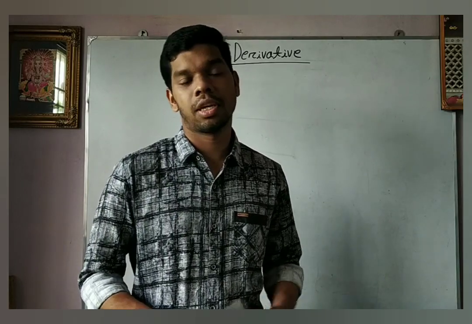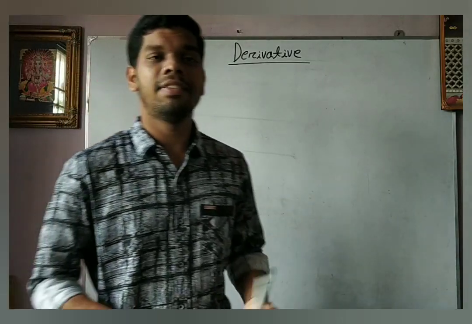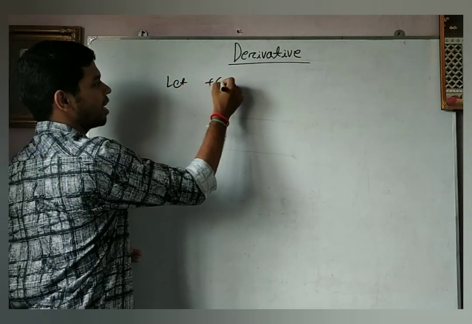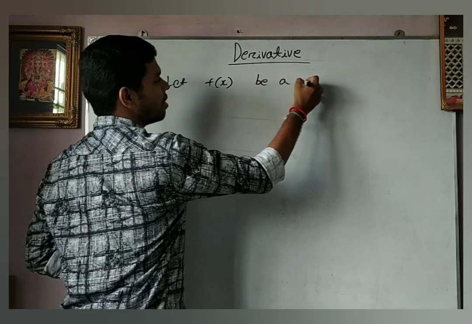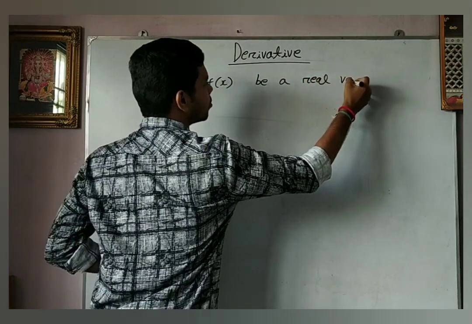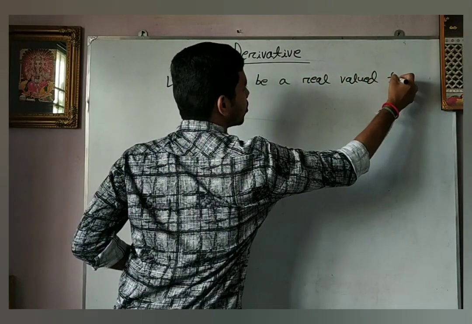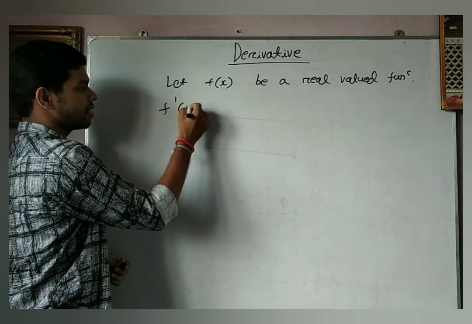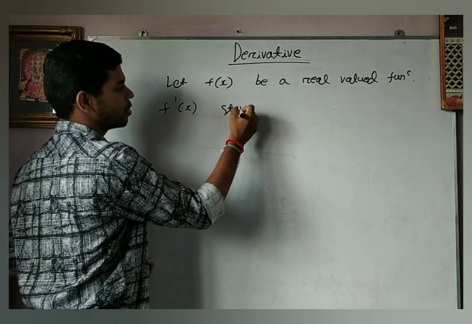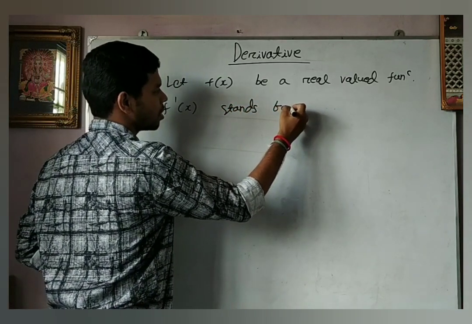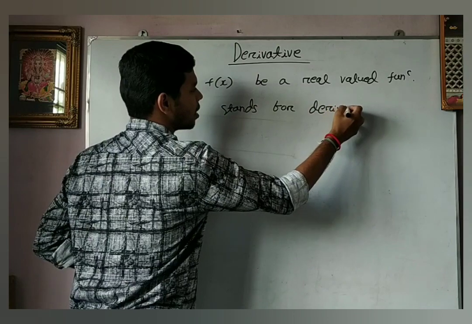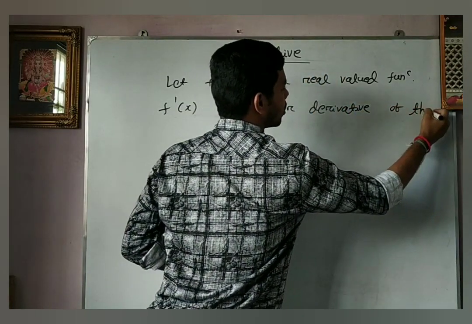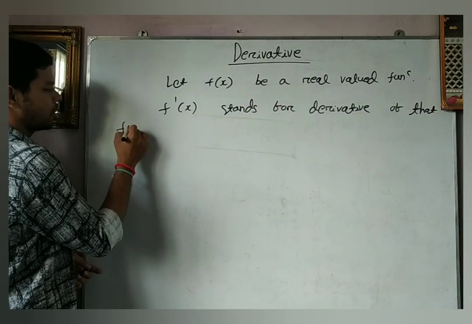Hello students, let's talk about the derivative of a function. Let f of x be a real valued function, and f dash x stands for the derivative of that function.